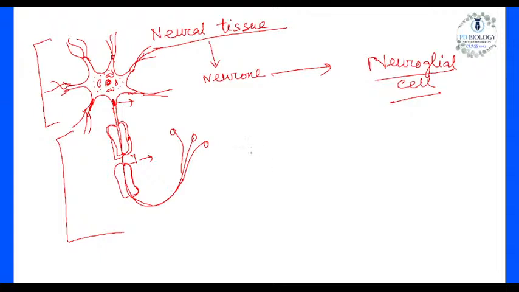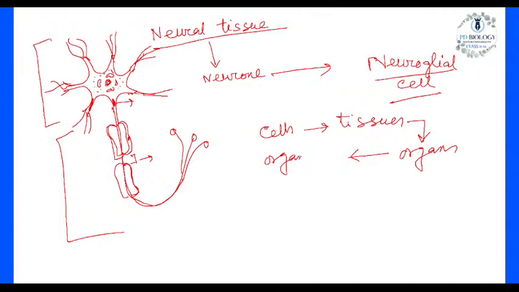So, cells form the tissues. Tissues form the organs. Organs form the organ system. This organization is essential for better coordinated activities of the cell.